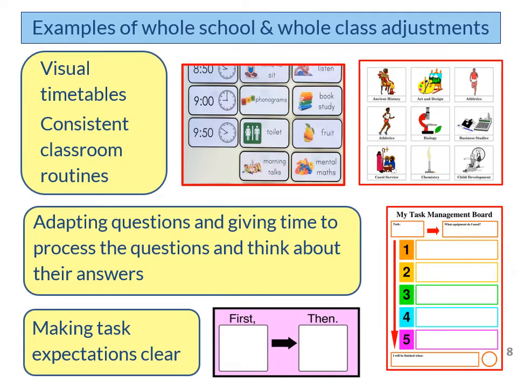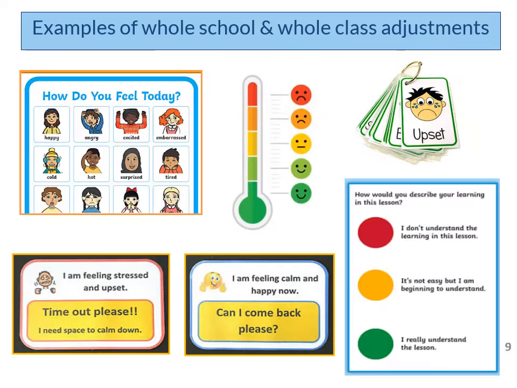Providing additional processing time, adapting how staff word their questions, making expectations clear and visual, these are all strategies which can be found in an inclusive classroom, which will help children and young people with communication and interaction needs, along with other pupils.